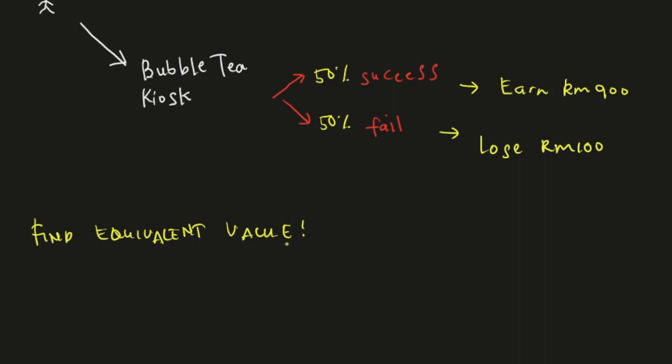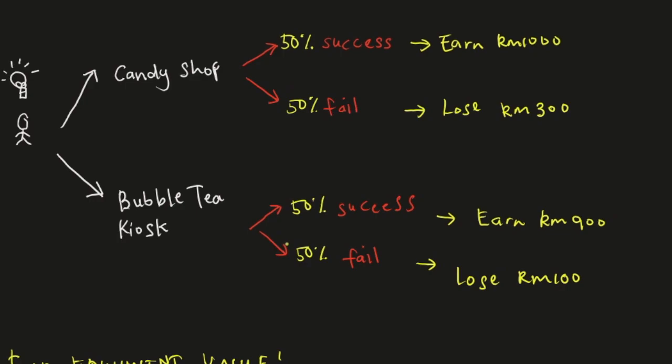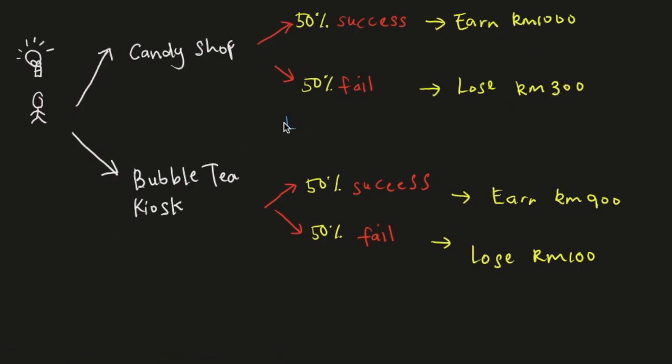So for example, if you want to calculate the equivalent value if you open up the candy shop, first we take the 50% chance of success. 50% chance is equal to 0.5 multiplied with the expected impact, which is earning of 1,000 ringgit. So 0.5 multiplied by 1,000 ringgit, and then you have to add up with the remaining alternative.